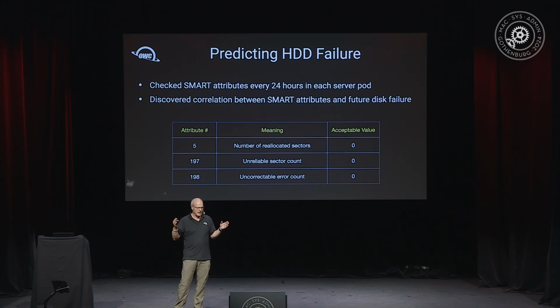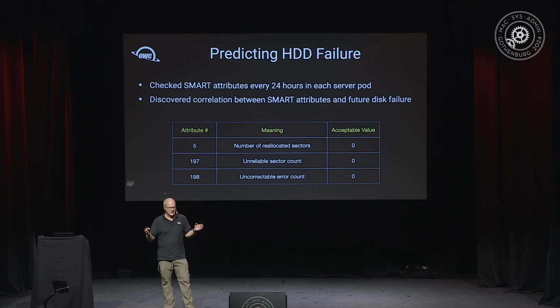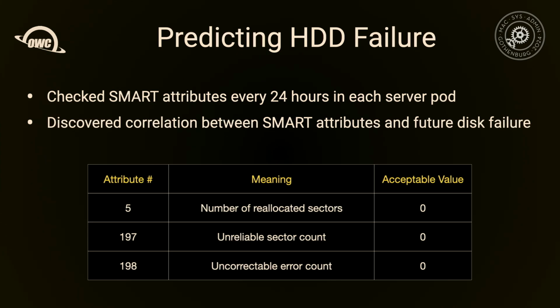They were the number of reallocated sectors, the number of unreliable sectors, which are ones that are reading but the data coming off isn't quite as intense as it should be, and then end-to-end errors. And if any one of these counters went from 0 to 1 or to some other higher number, the drive was 20 to 60 times more likely to fail in the next 2 months.